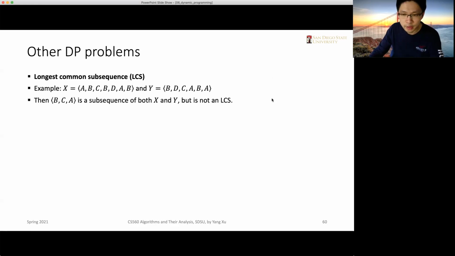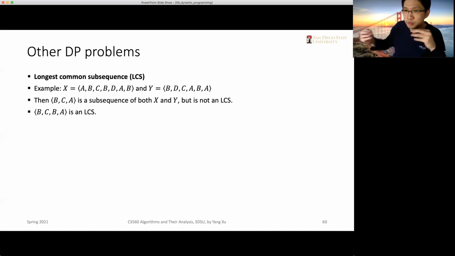So in this case, BCA is of course a subsequence of both X and Y, okay? But it is not the longest, because we can find longer sequences like BCBA. So in this case, the sequence doesn't need to be contiguous, doesn't need to be continuous, right? It can be just sub parts, but it doesn't need to be continuous arrays.